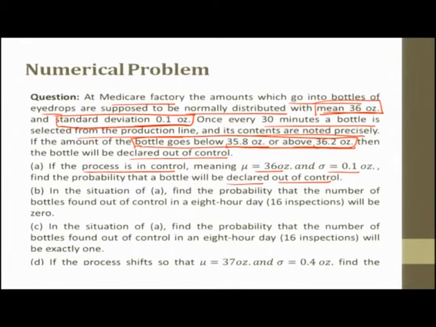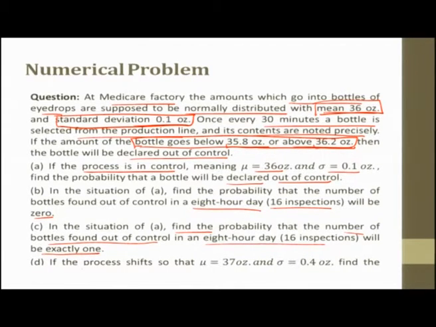In the situation of problem A, find the probability that the number of bottles found out of control in an 8-hour day, that is 16 inspections, will be 0. And the probability that the number of bottles found out of control in an 8-hour day will be exactly equal to 1.